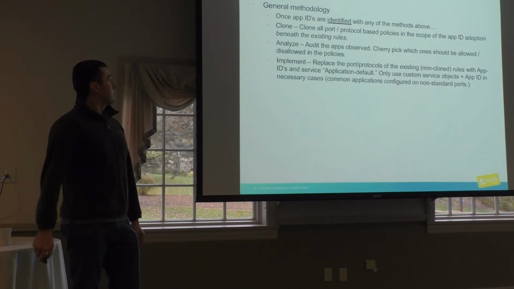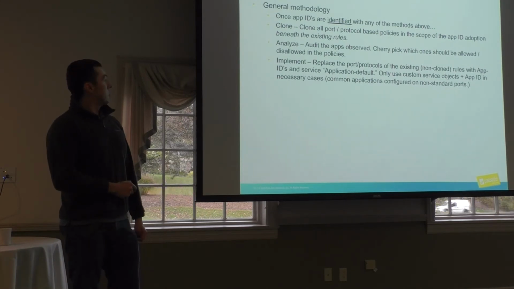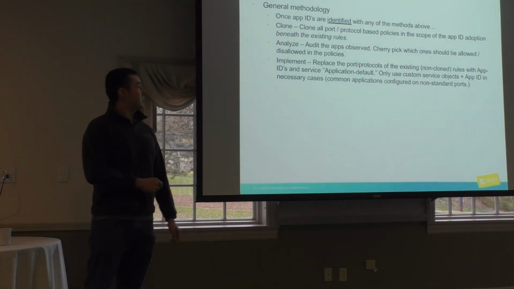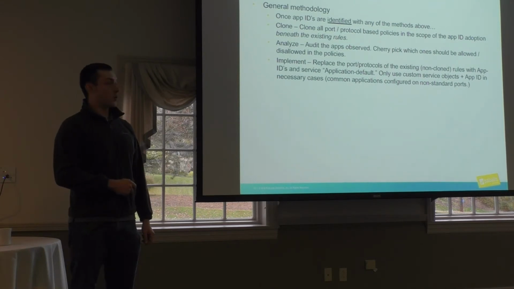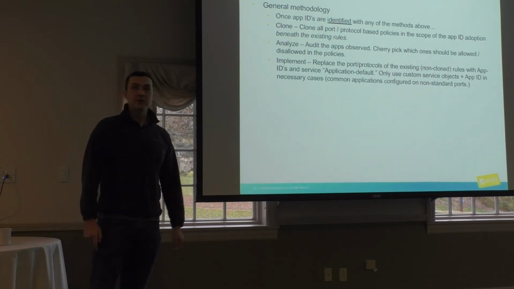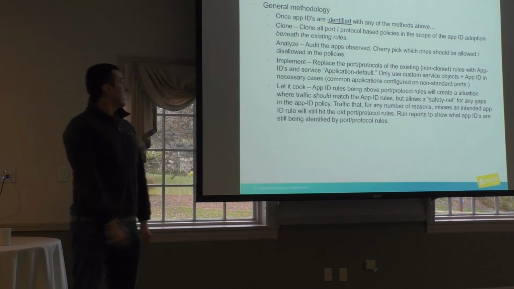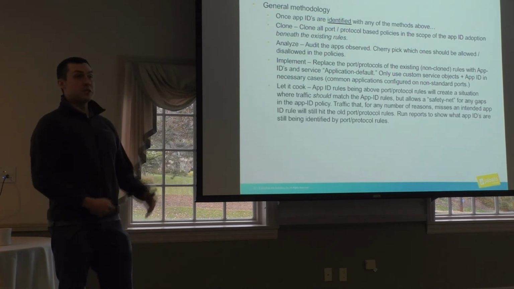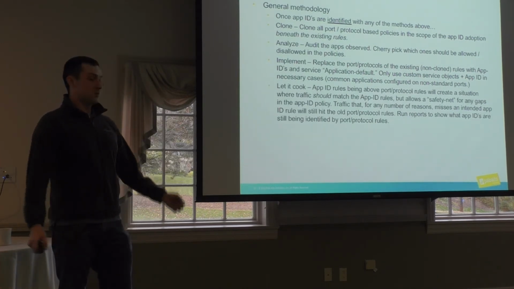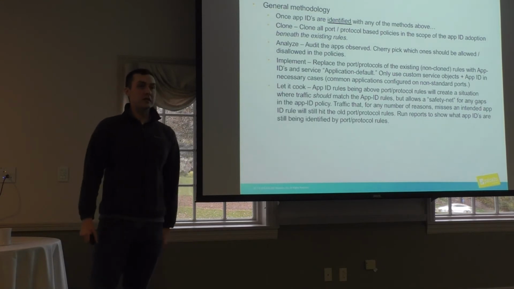So next, implement it. You replace the port protocol rules, the ones that are not cloned, with the app IDs, and my recommendation is to start out with application default, and then you let those port protocol rules take care of anything that doesn't match application default. And then after that you let it cook. You basically have that in place for usually between 30, 60, or 90 days, depending on what your organization's risk tolerance is.